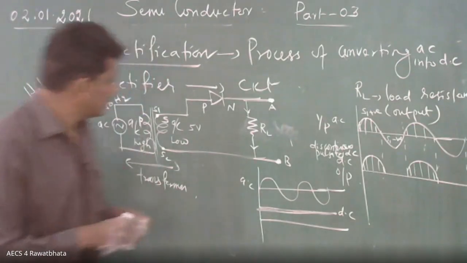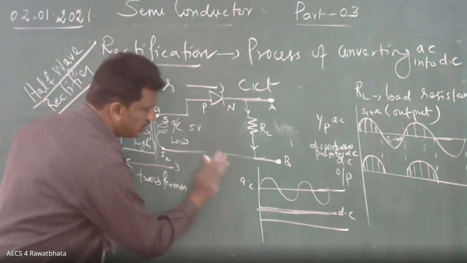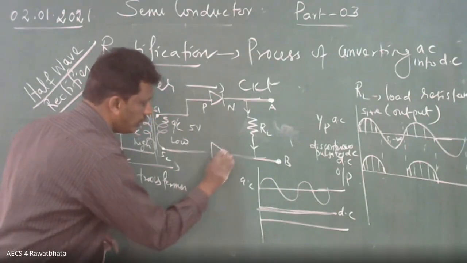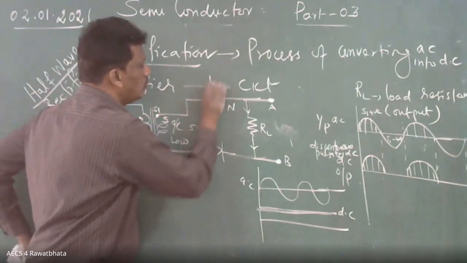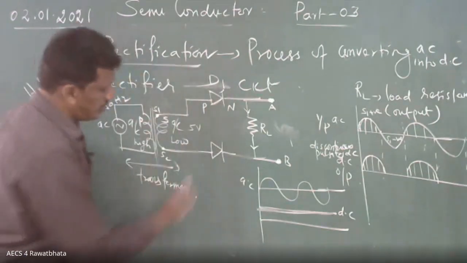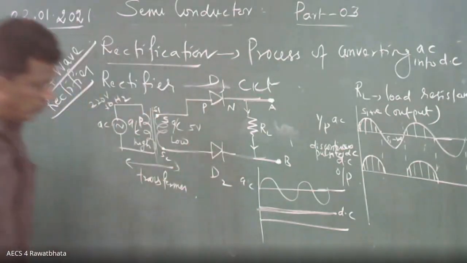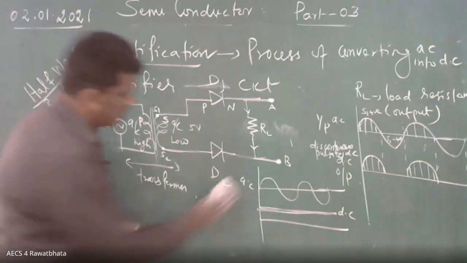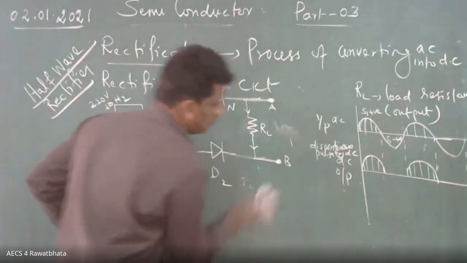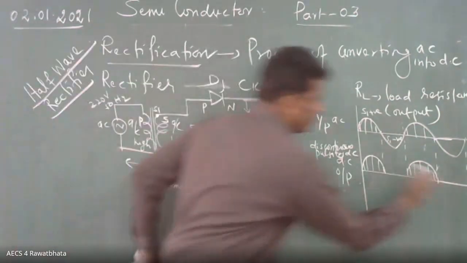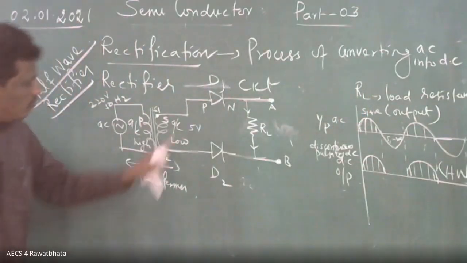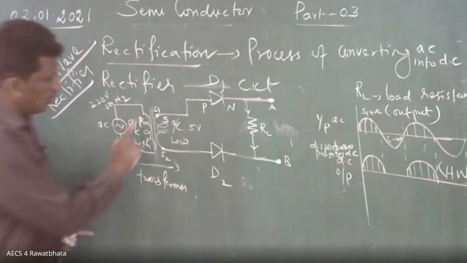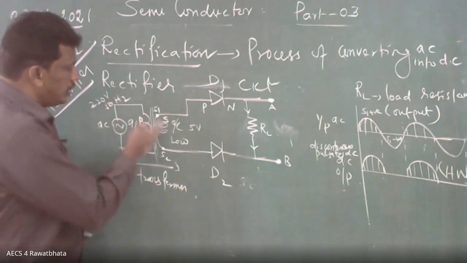You see that? What I'm going to do is connect one more diode here. In that case, this is D1, this is D2. So this is the half wave rectifier. Okay. Now you see, first what will happen?